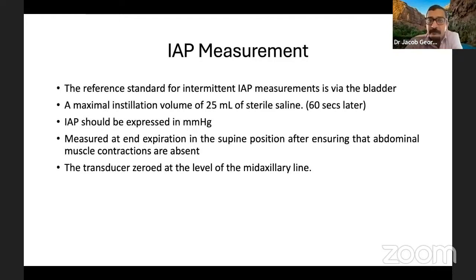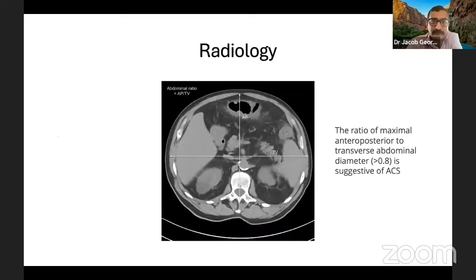We measure it in millimeters of mercury, at the end of expiration, in the supine position, after excluding any muscle contractions. We zero the transducer at the mid-axillary line, at the level of the iliac crest in the mid-axillary line, and that's where we do the measurements.